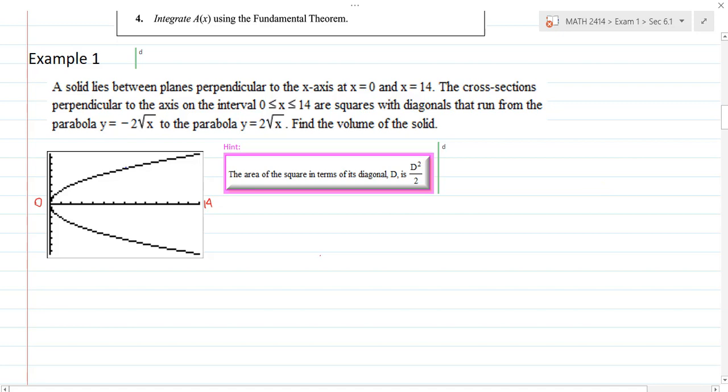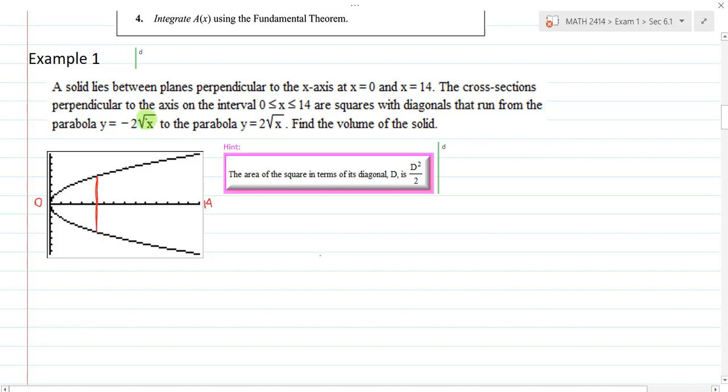So let's look at an example problem here. Example 1 says that a solid lies between planes perpendicular to the x-axis. Perpendicular means that they're 90 degrees to this x-axis, starting at x equals 0 all the way out to x equals 14. So I've labeled my axis here on the x-axis from 0 to 14. And my cross-sectional areas are going to be perpendicular to this x-axis.